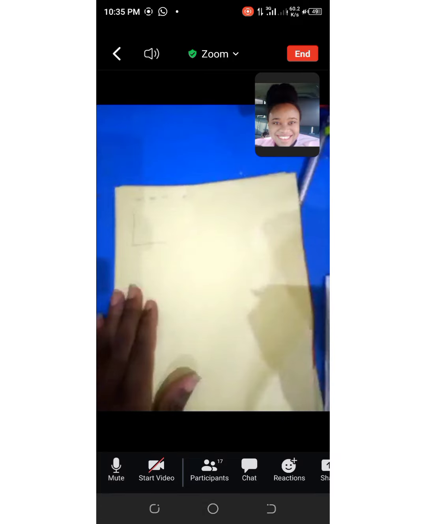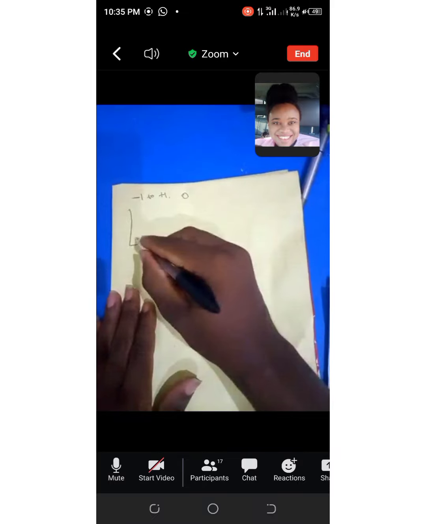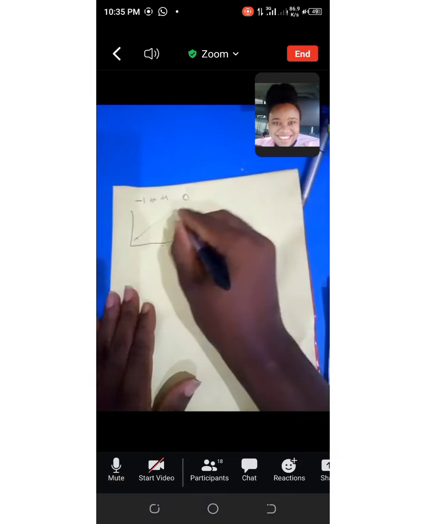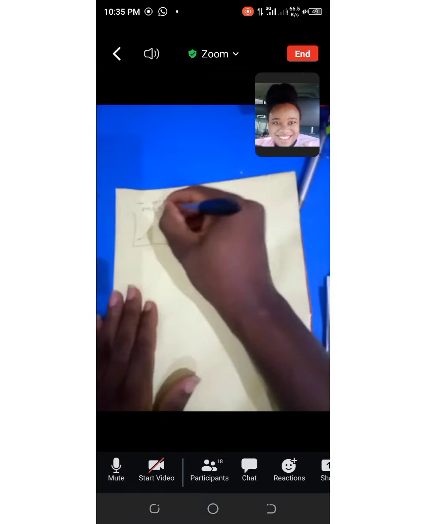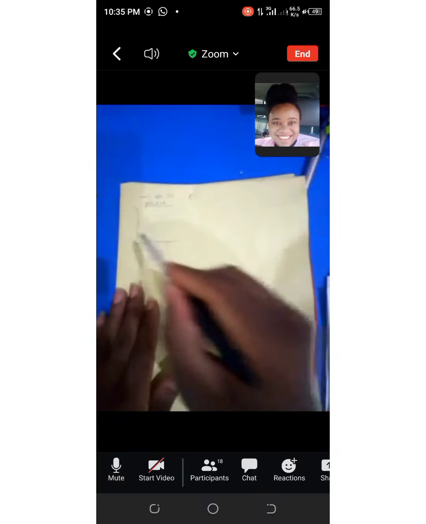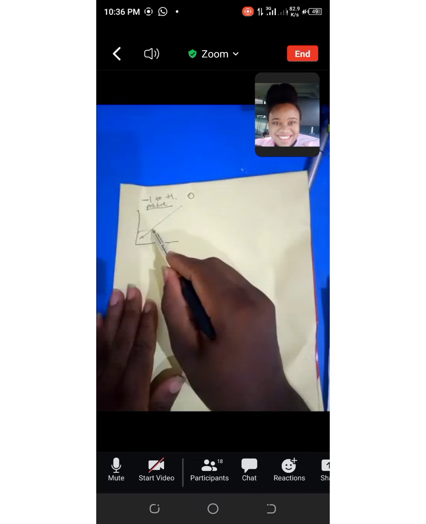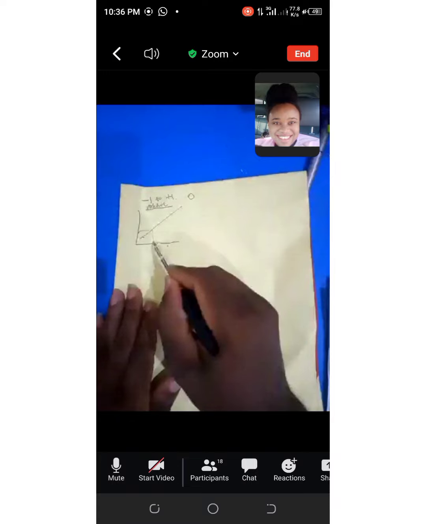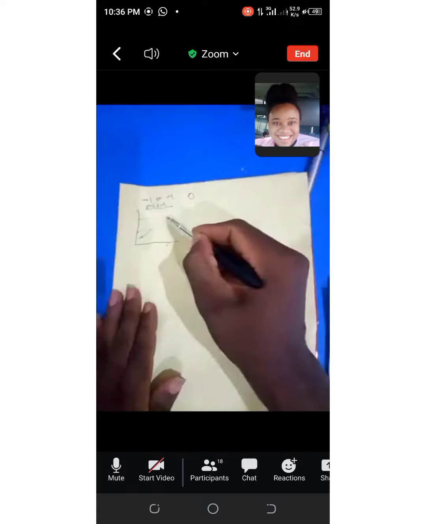So let's say we'll plot a graph, and the graph looks this way for positive correlation. So what it means is that if a value is increasing, it also leads to the increase of the other variable. So an increase in a variable leads to the increase in another variable.